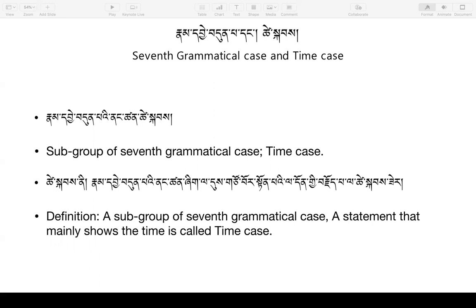It's more like moment. So it has to do with the time case. So Namye Dumbe Nangse Sekap. Namye Dumba means seventh grammatical case. Nangse means subgroup. And Sekap is time case. So the subgroup of seventh grammatical case, the time case.